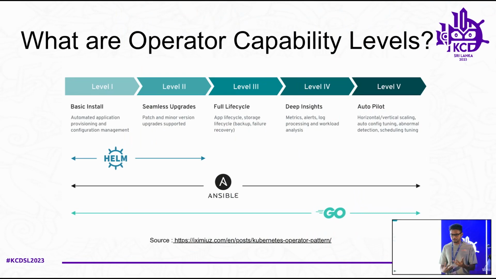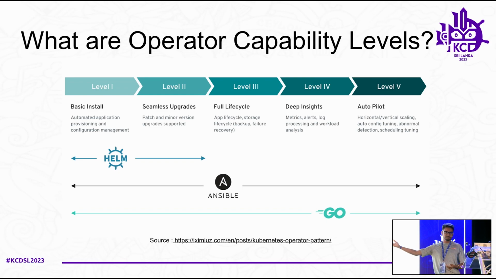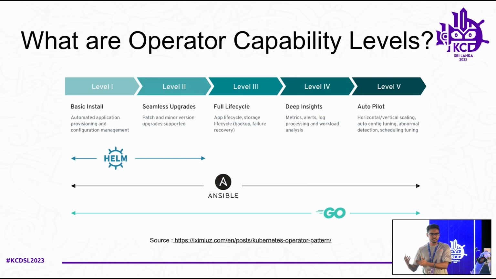Now, there are several capability levels in an operator. In the previous talk, I think you were made familiar with Helm. You can see Helm covers 2 capability levels. That's the basic install, and the upgrades. So when you have an application to be deployed in a Kubernetes cluster, you can use Helm to deploy it and then make the upgrades.